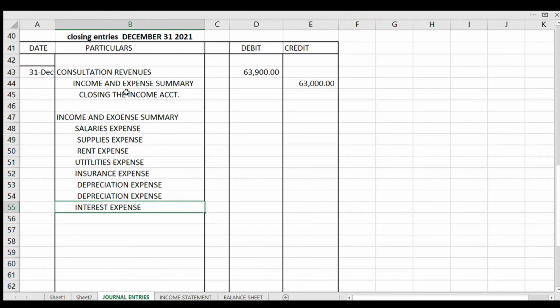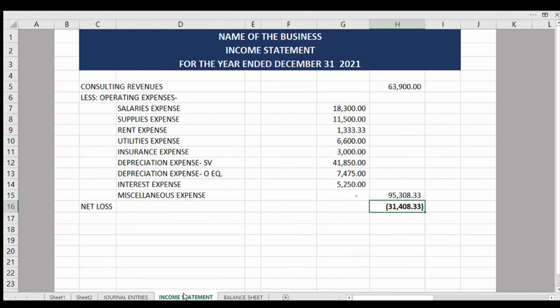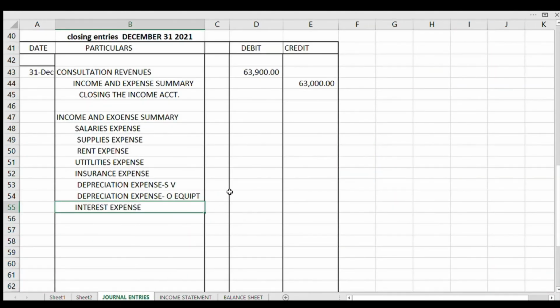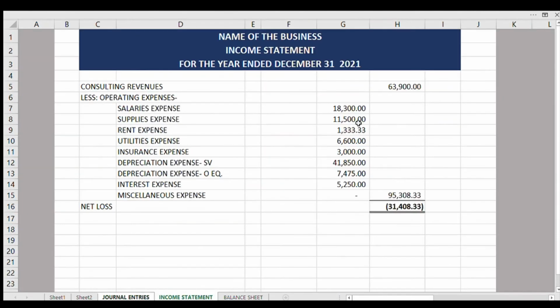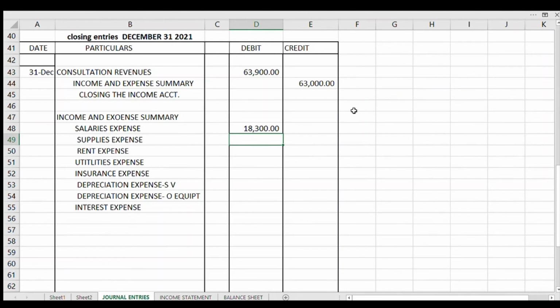Let's just complete the caption here for the depreciation for the service. Let's just abbreviate here, service vehicle and the office. Let's just check if it was arranged. The interest expense. I'll just pick up all the balances straight from the income statement.